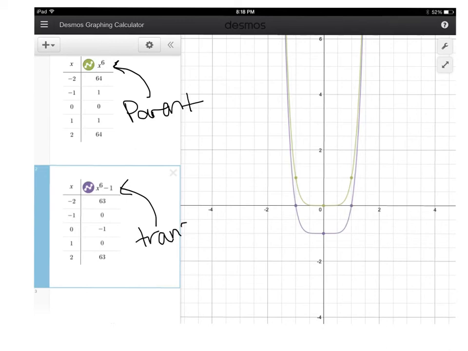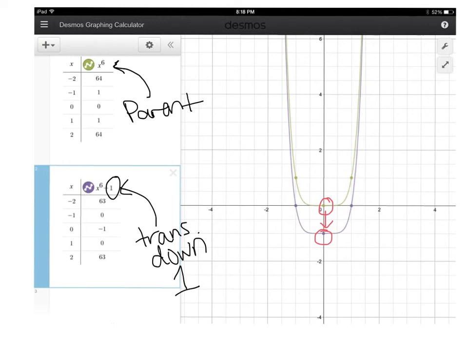We said it was translated down 1 unit. This minus 1 shifts the graph down 1 unit. You can see the minimum on the parent function is now shifted down 1 unit to 0, negative 1.